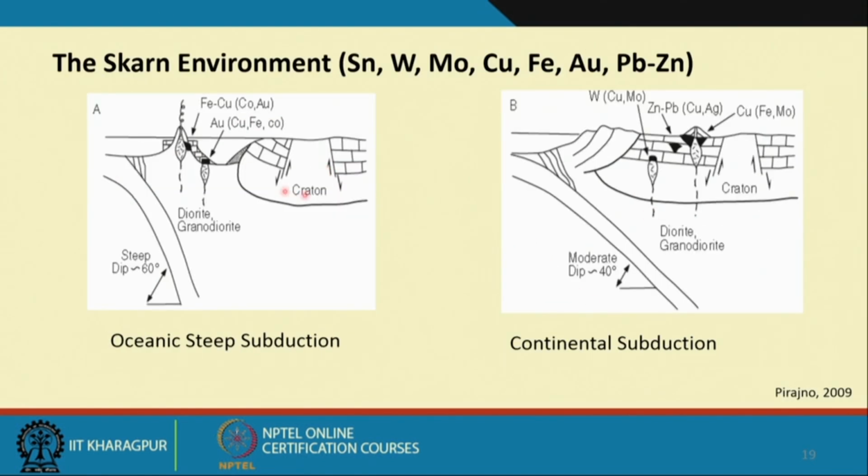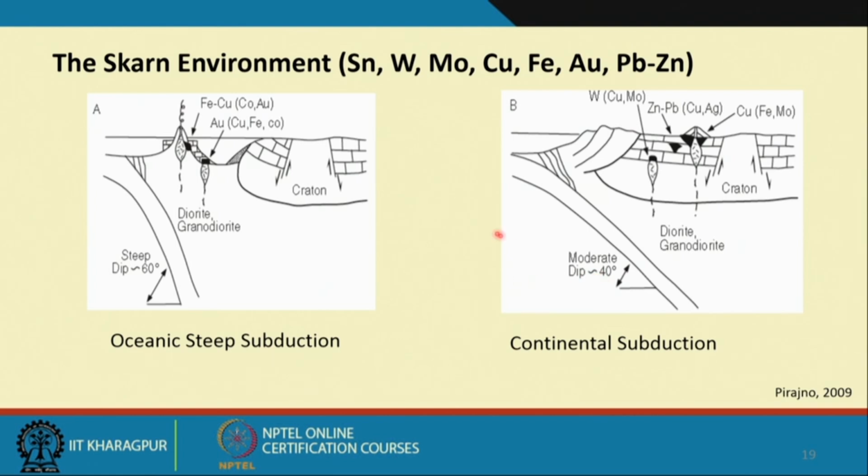So, as far as the skarn deposits are concerned all over the world, they are observed to be occurring in different tectonic regimes. This is essentially a steep subduction, oceanic type of tectonic setting, which is observed to be giving rise to dominantly iron, copper and gold skarns.